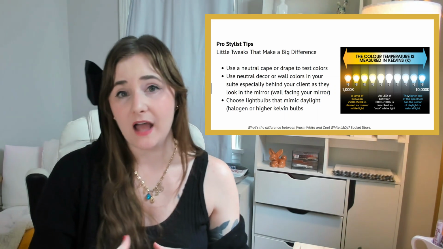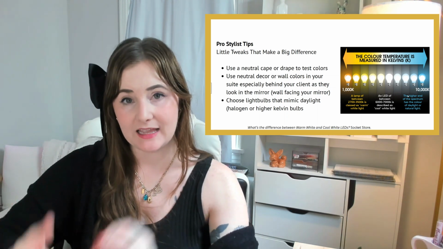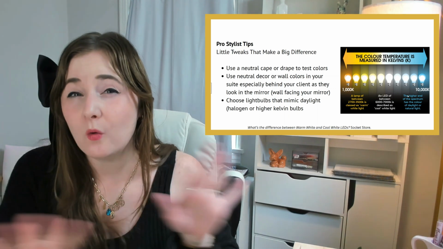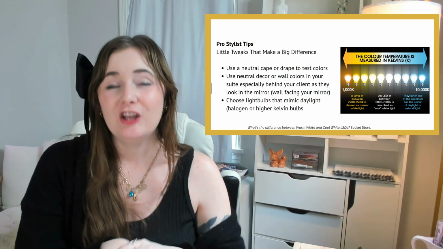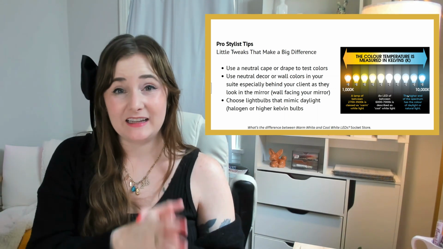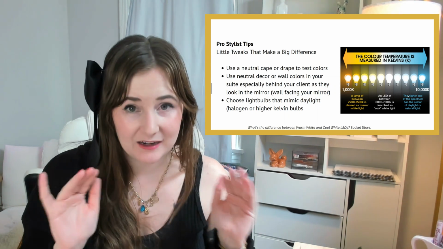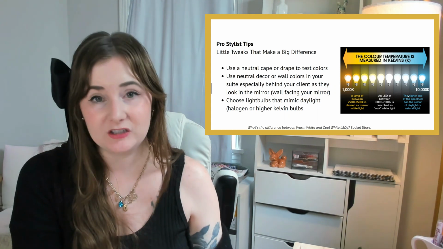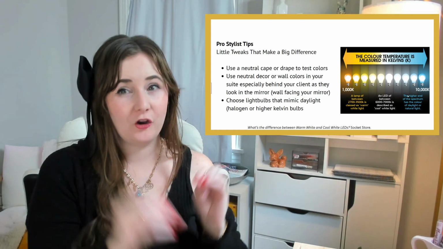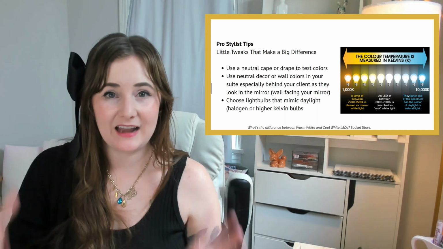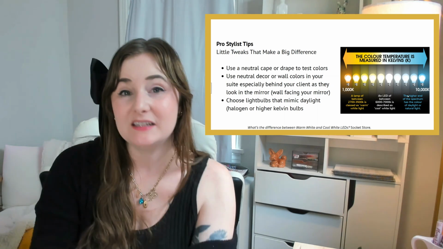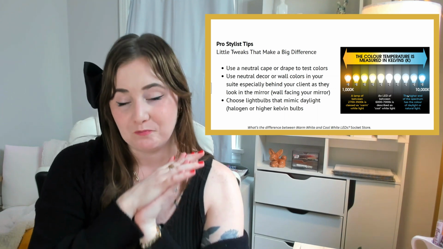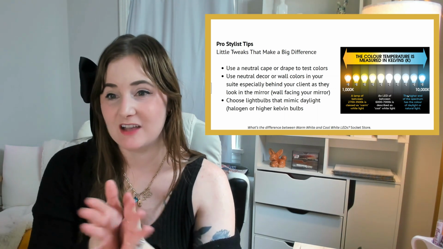We really want to mimic natural light or have something that is as neutral or cool leaning as possible. If you think about getting that platinum blonde perfect, if you have warm lights in your studio, it is never going to look like it's platinum. You're going to have gold reflex and everything. So you want to make sure that you're choosing your light bulbs carefully. That's what this little chart is on here.